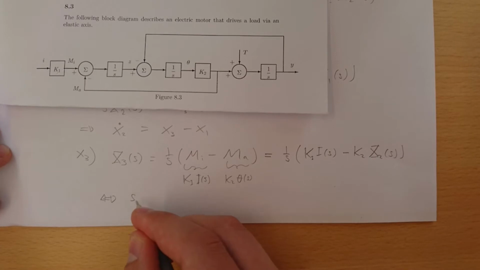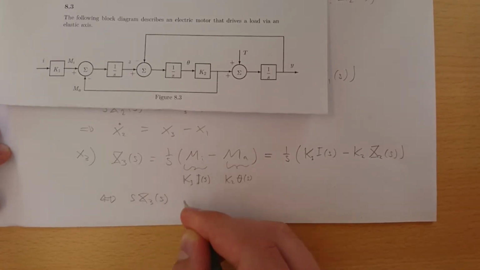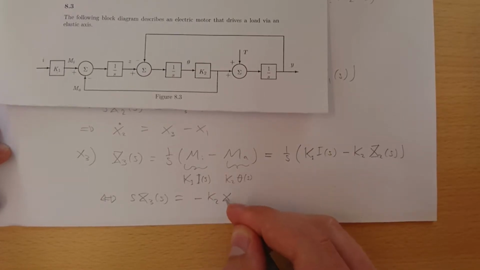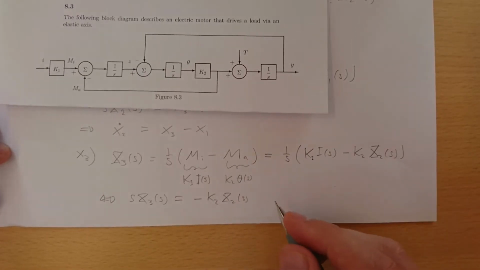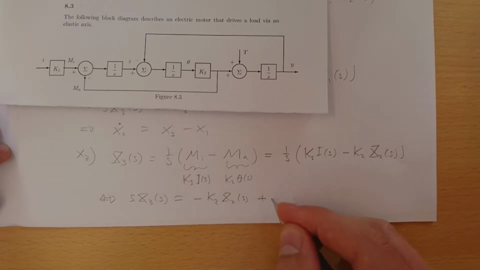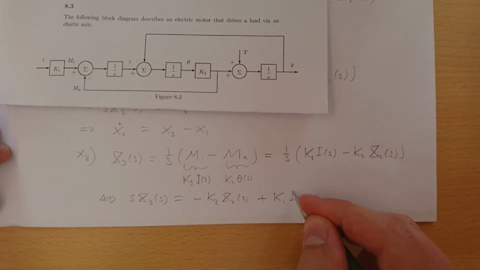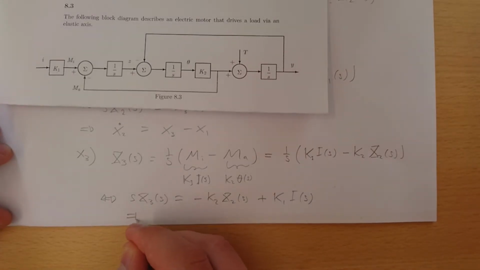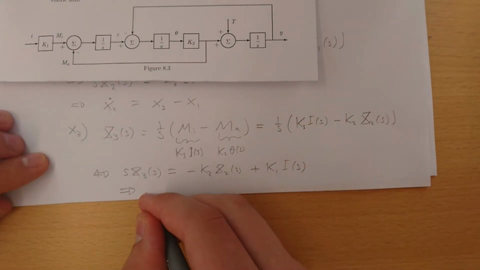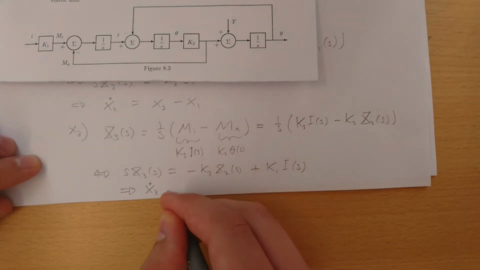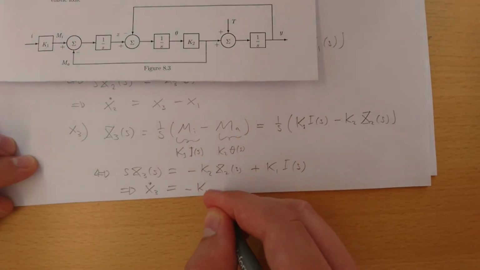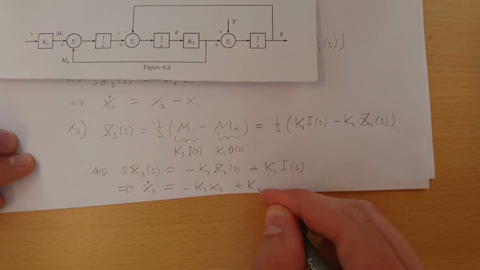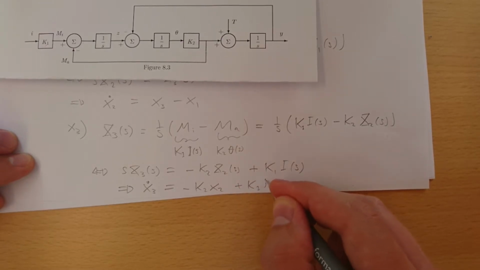So we'll get s times x3 of s is equal to minus k2 times x2 of s, flipping the order here again, and then plus k1 times I of s. And then we go back to the time domain to get x3 dot is equal to minus k2 times x2 plus k1 times the current I.